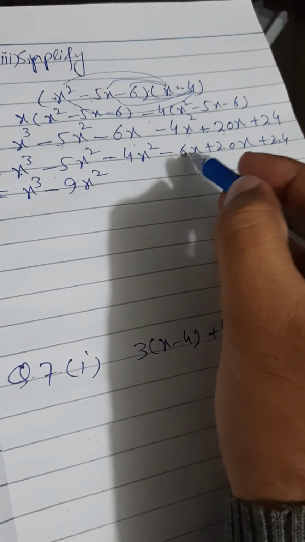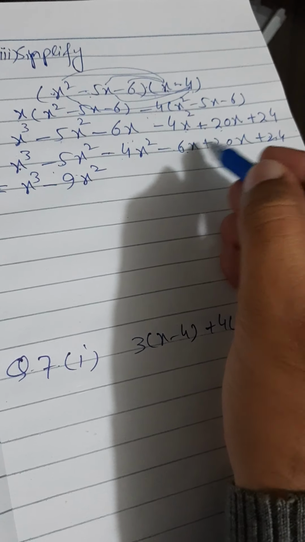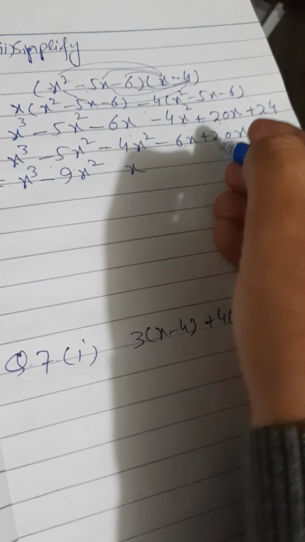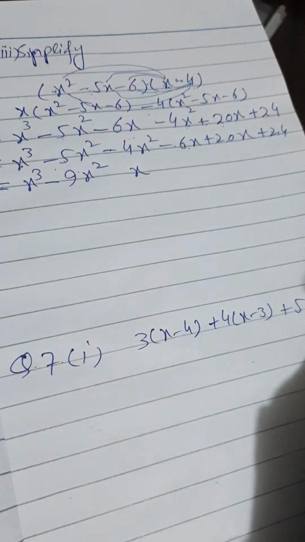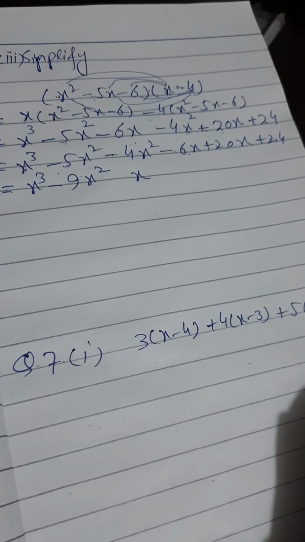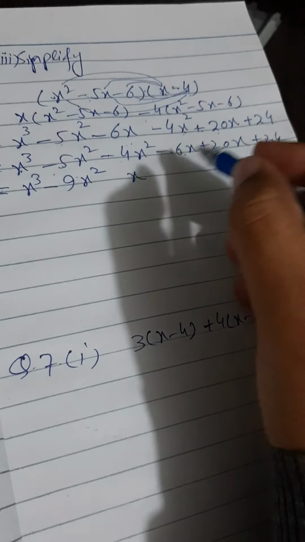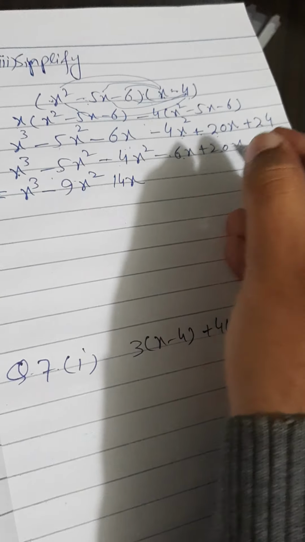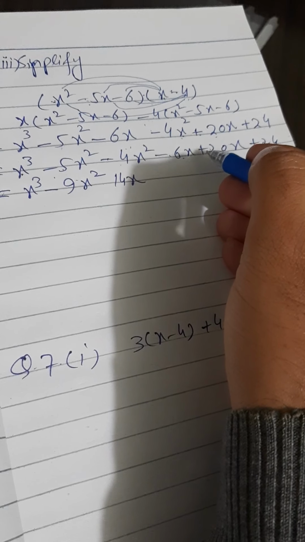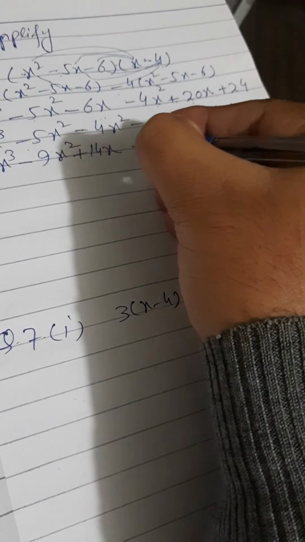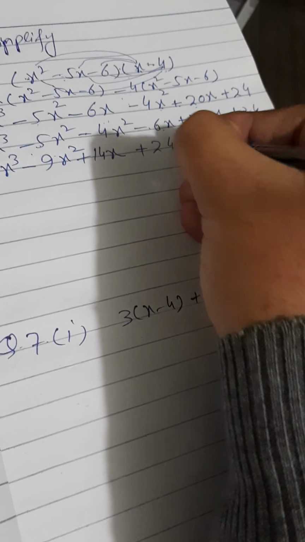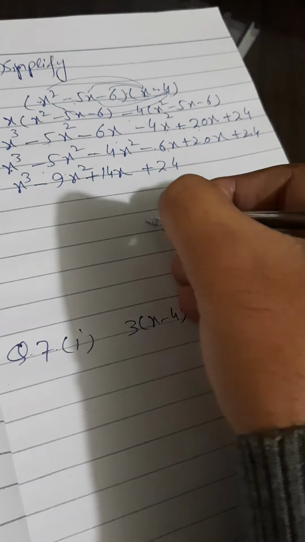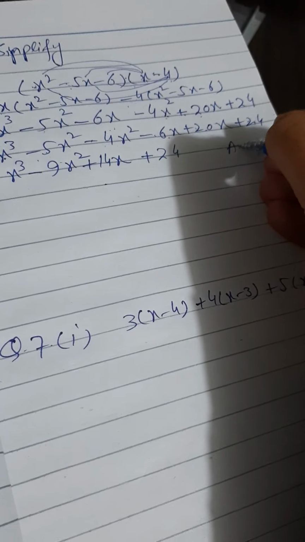Now next, positive 20, first write the variable, it's x, positive 20 and negative 6, different signs so we subtract, 14, and we use the sign of the greater number, positive. The last term is single, so we write it as it is. That's the answer.